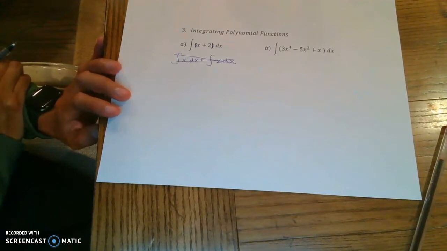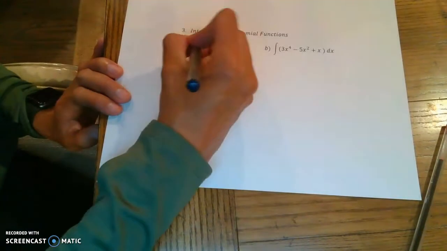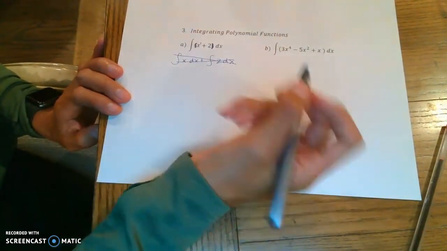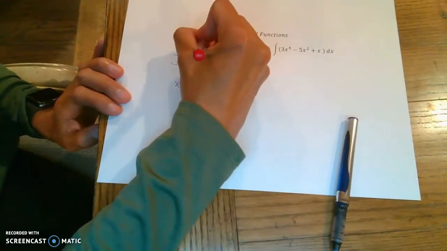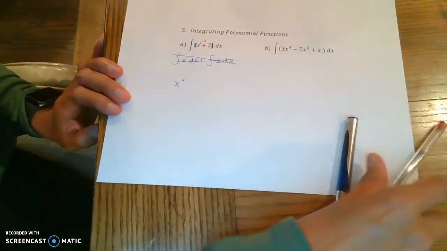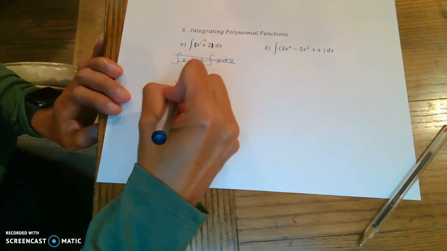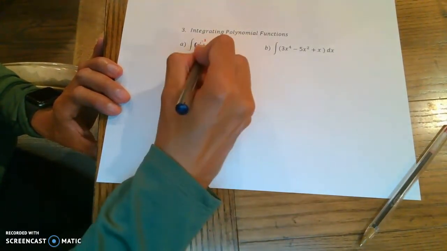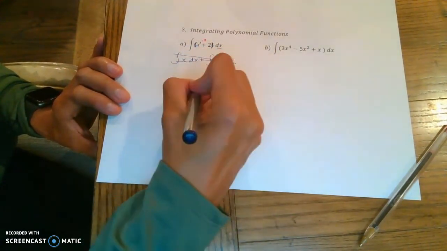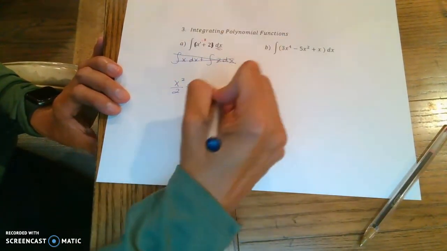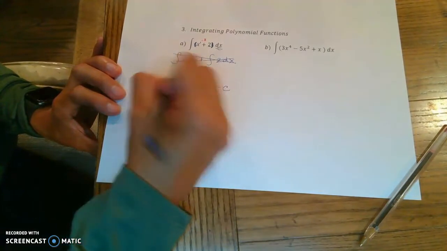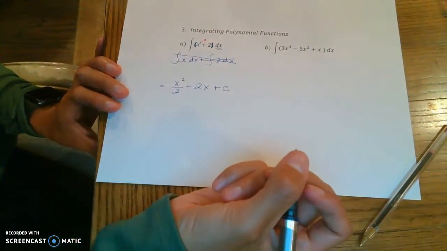I just put that there purposely because sometimes just having that present confuses kids. So the exponent here is 1. That's just going to now become x squared because you're adding 1 to that exponent. So it becomes x squared, divide by that new exponent. This is a constant. Well, the variable of integration is x, so that just becomes 2x. And what does that dx turn into? Plus c. So I just integrated a.